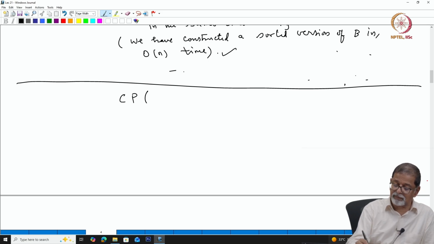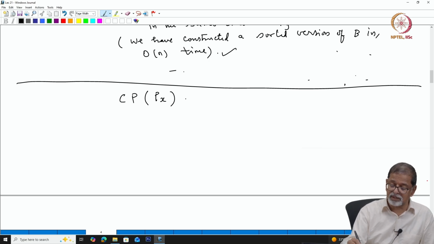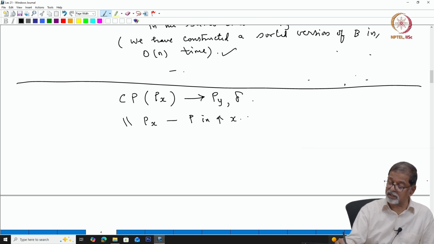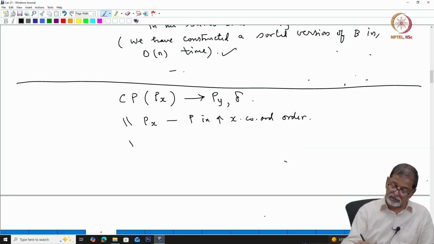So, closest pair takes Px and outputs Py and delta. Comment: Px is the set of points P in increasing x coordinate order. Delta is the closest pair distance.